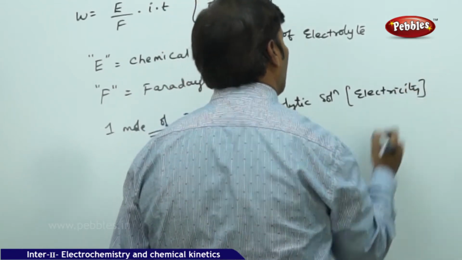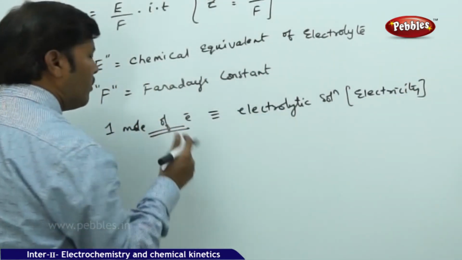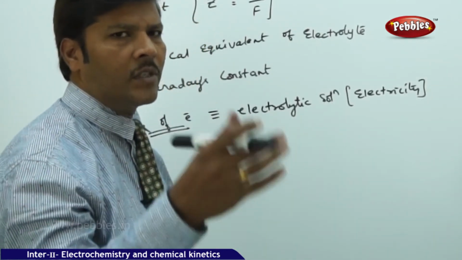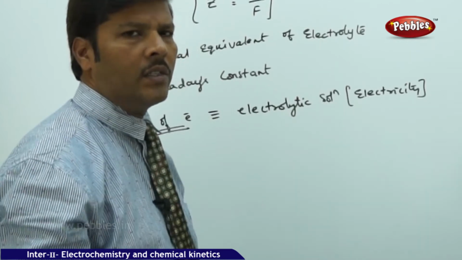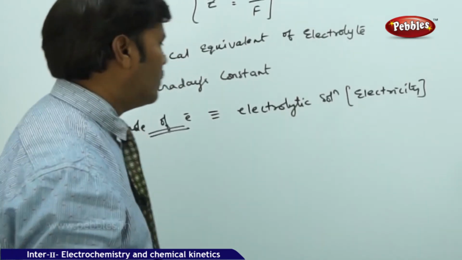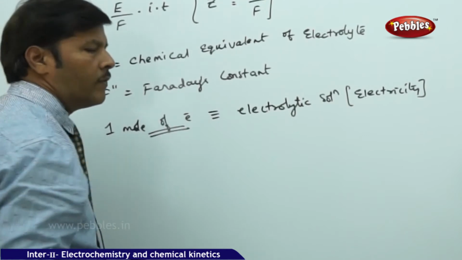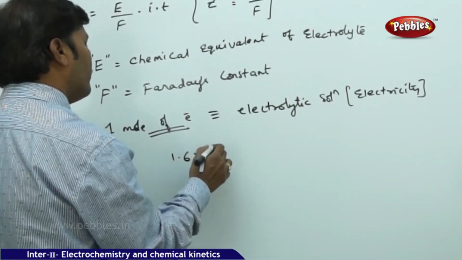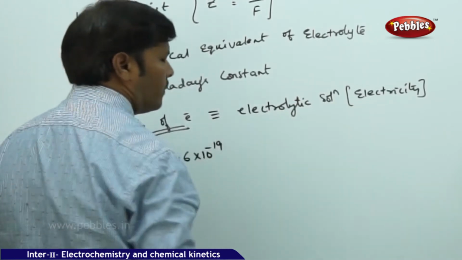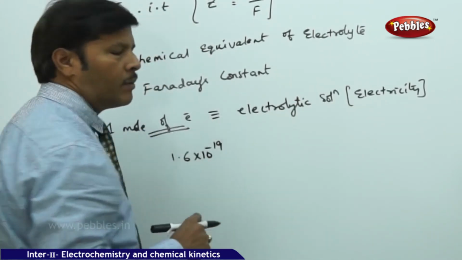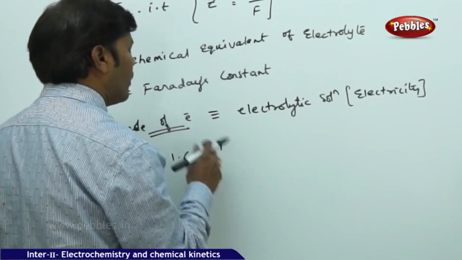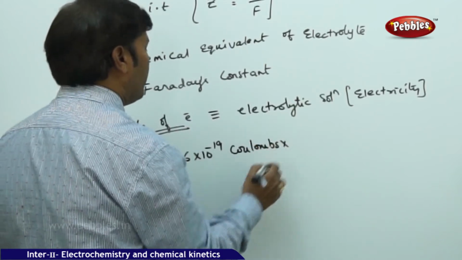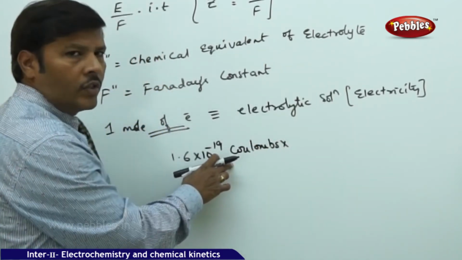1 mole of any substance, be it a particle, molecule, or atom, contains an amount equal to Avogadro's constant. First let us take the charge of the electron. The charge of the electron is 1.6 into 10 to the power of minus 19 coulombs.